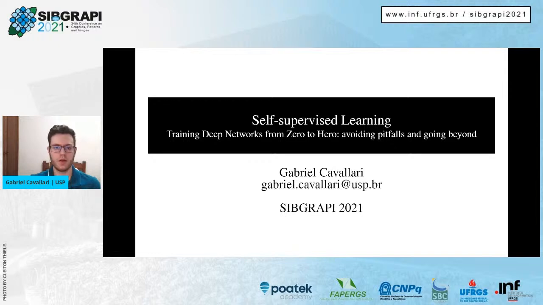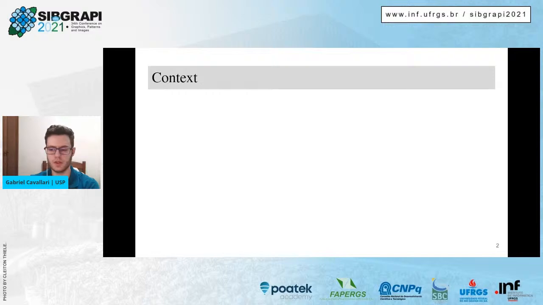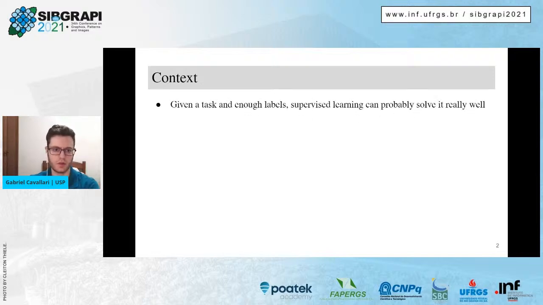Well, as part of the tutorial, we're going to talk a little bit about self-supervised learning. But first, we need a little bit of context here. Given a task and enough labels, supervised learning can probably solve it really well.